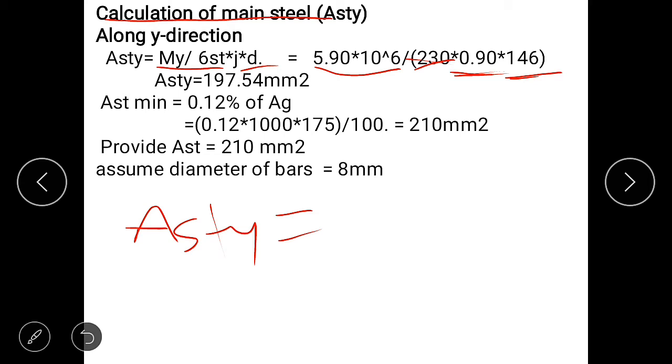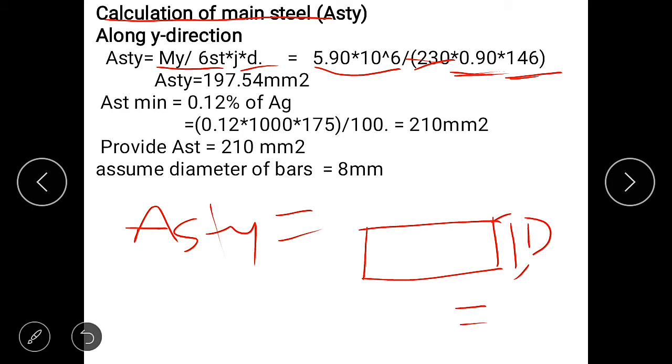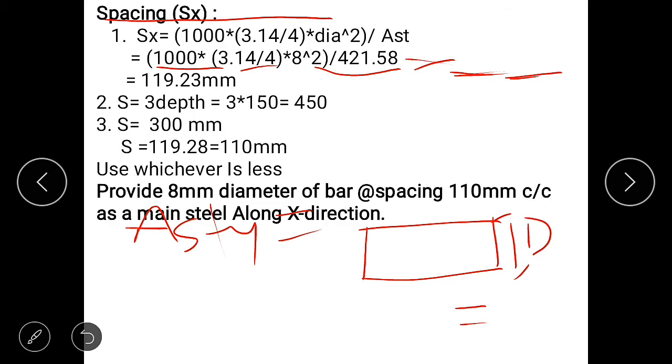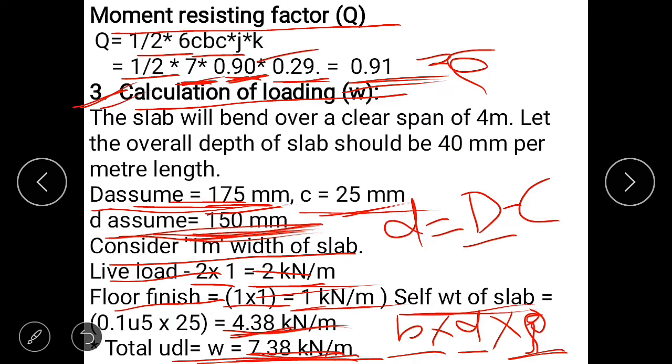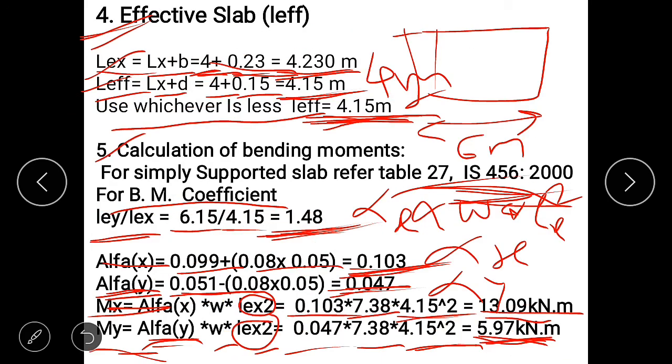Why are we taking 146? Our slab total depth we consider here is 175. Here we calculated total depth D is 175.